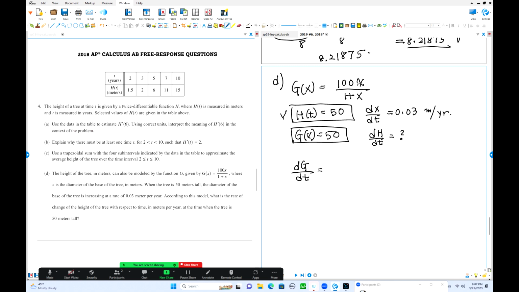Quotient rule: the derivative of the numerator times the denominator, 100 times 1 plus x, minus, don't touch the numerator, take the derivative of the denominator 1, over 1 plus x squared. Okay?